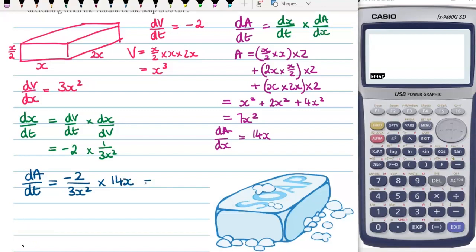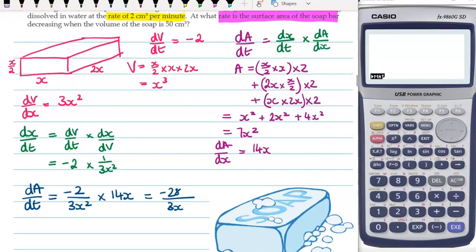So we've got ourselves an expression for the thing that we wanted to work out, and that's minus 28x over 3x squared, and those x's will cancel, so we have minus 28 over 3x.